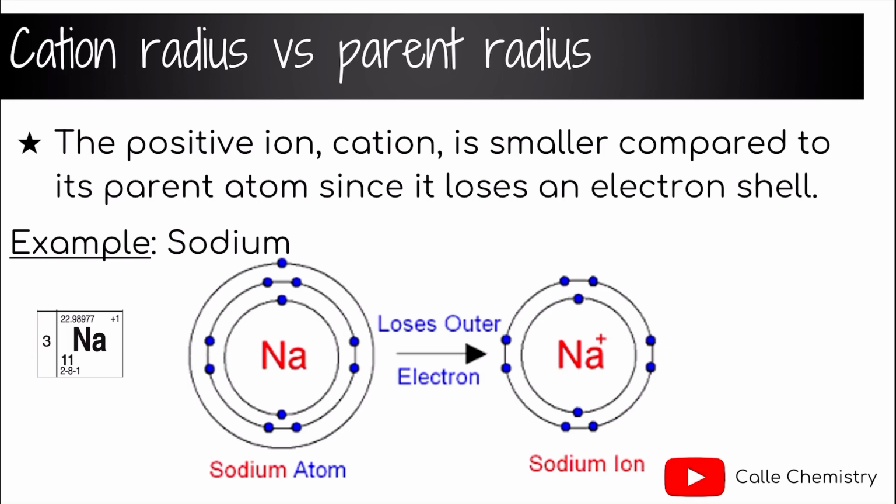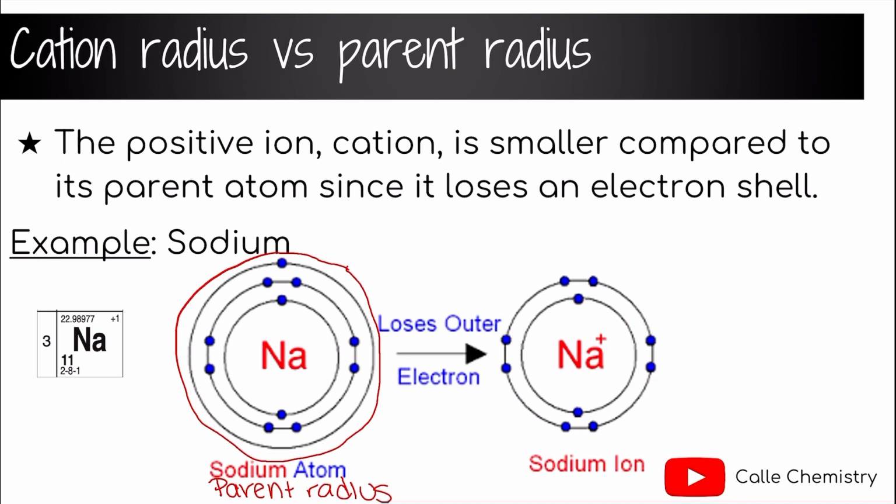The sodium atom is what refers to the parent radius. Okay, so parent atom or parent radius is referring to how the atom was in its regular state, in its ground state, how you see it on the periodic table. That's what it's referring to.